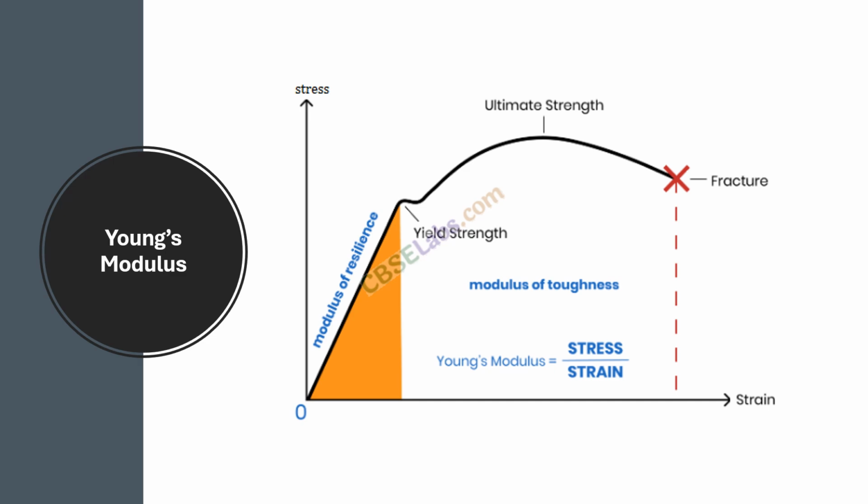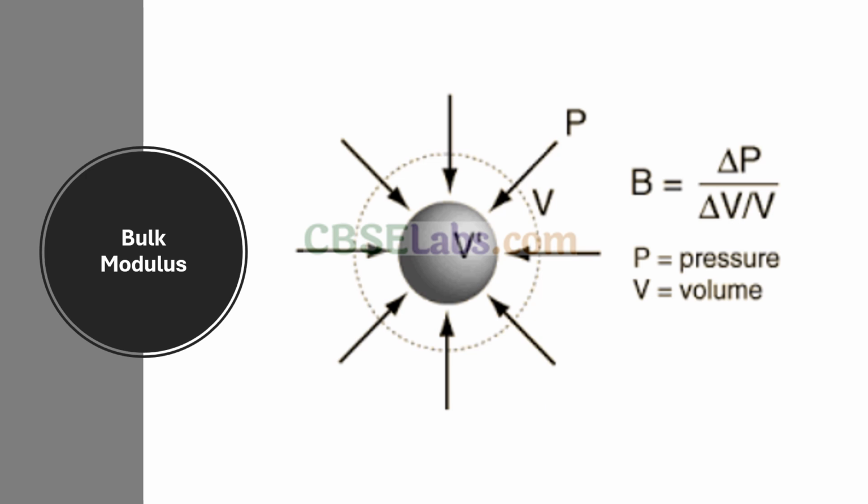Now let's discuss Young's modulus. For a solid in the form of a wire or a thin rod, Young's modulus of elasticity within elastic limit is defined as the ratio of longitudinal stress to longitudinal strain. Bulk modulus.